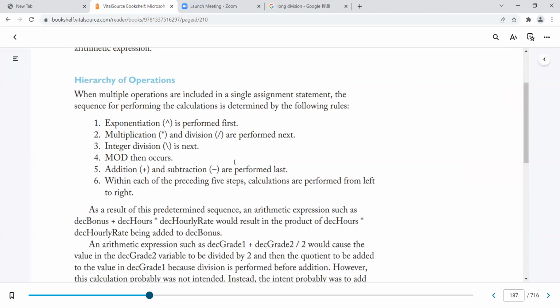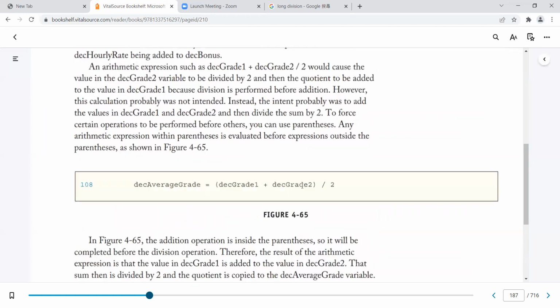But right now, if I have an arithmetic operation, I just follow the order of operation. If you don't know the order of operations, you will always predict the wrong answer. So exponent, then multiply, divide, integer division, mod, and then plus, minus, etc.